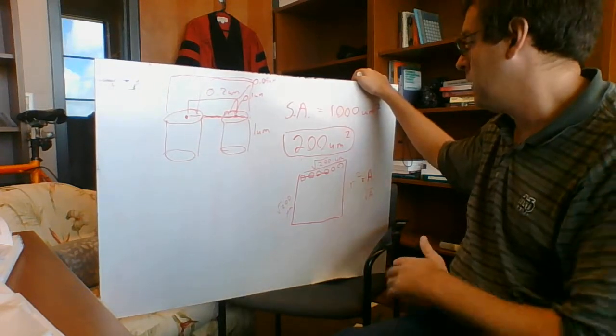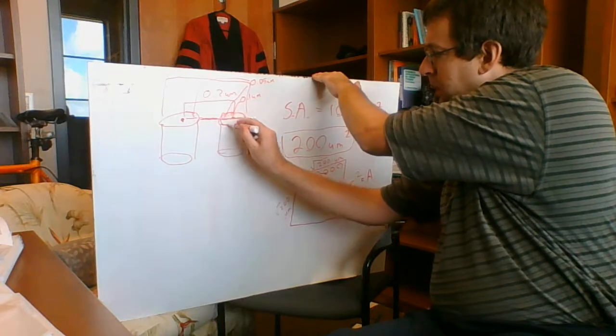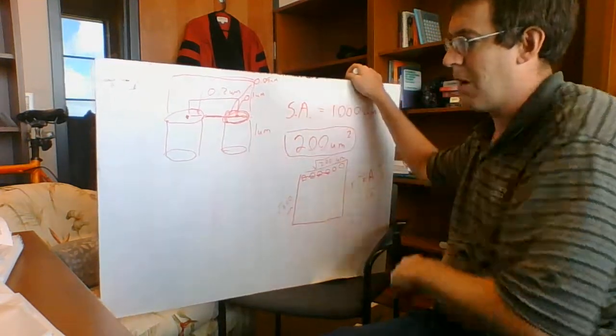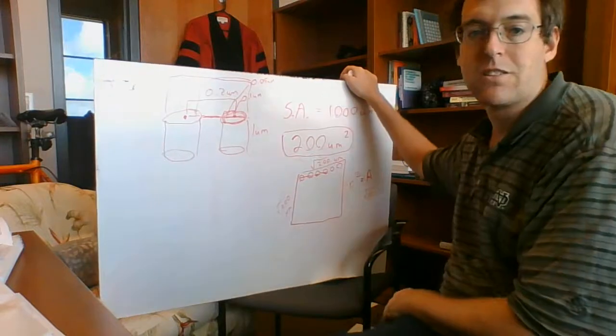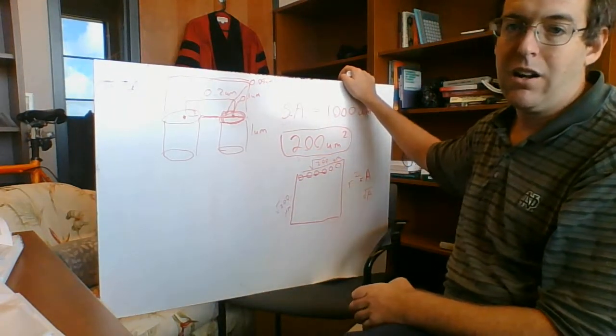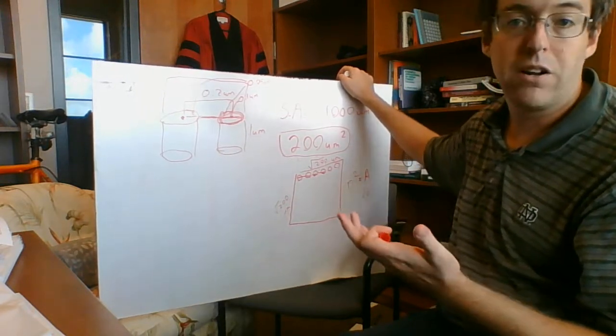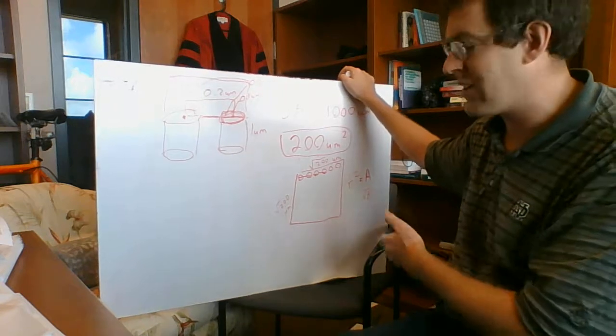Looking down here, think about it. Is the top of the microvilli, the top of the cylinder, actually adding to the surface area here? What about the sides of the cylinder? I'll leave that up to you. Figure out which parts or part are adding to the surface area here.